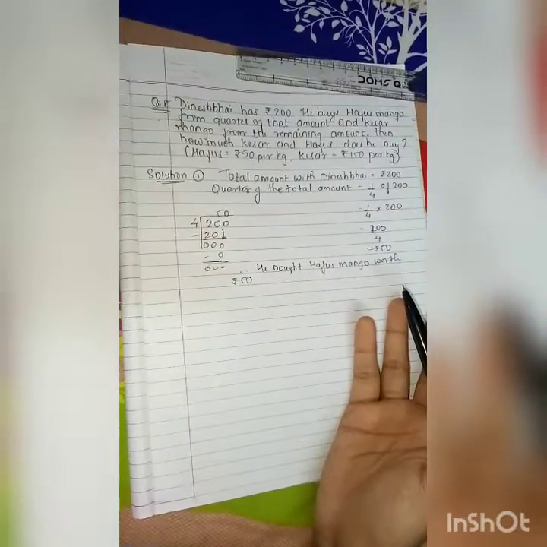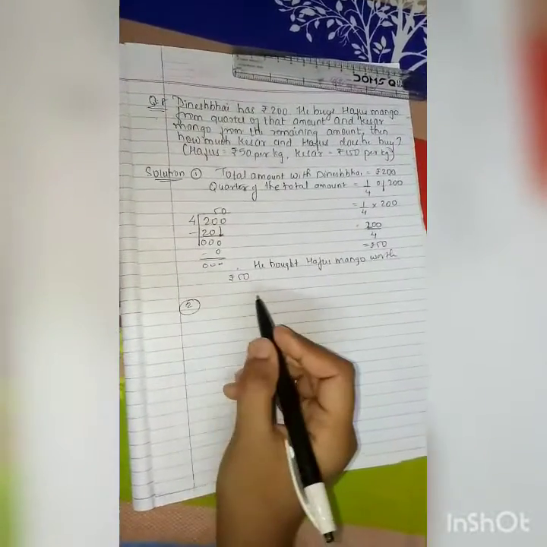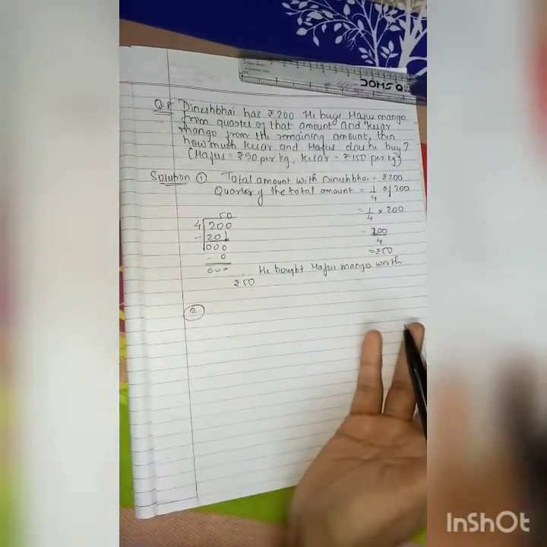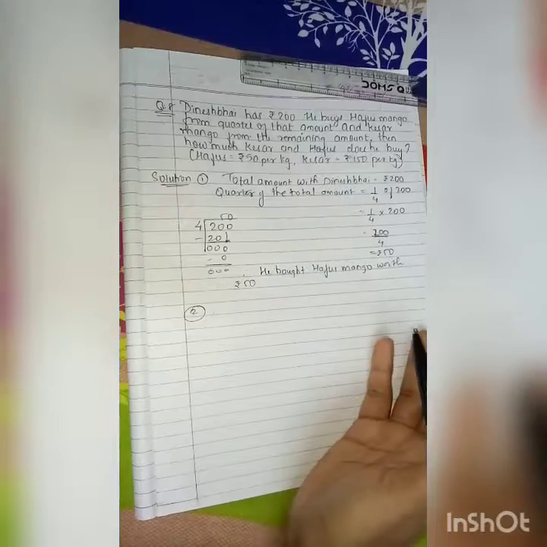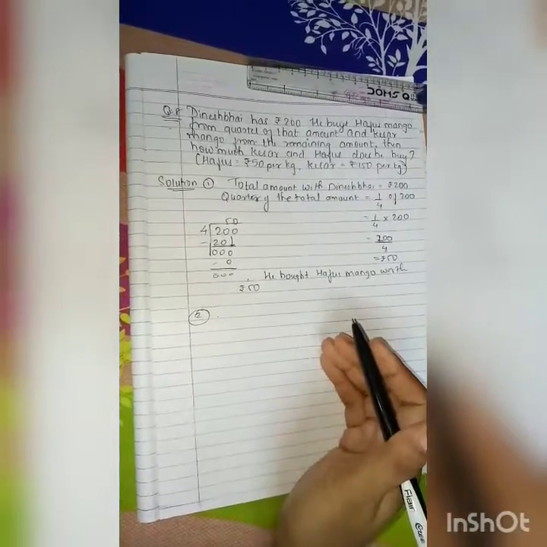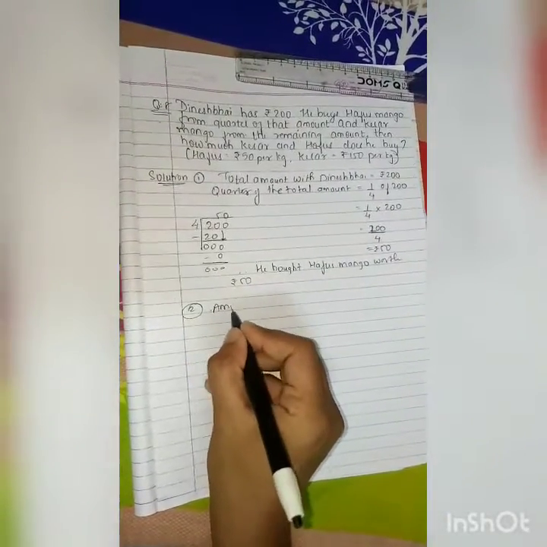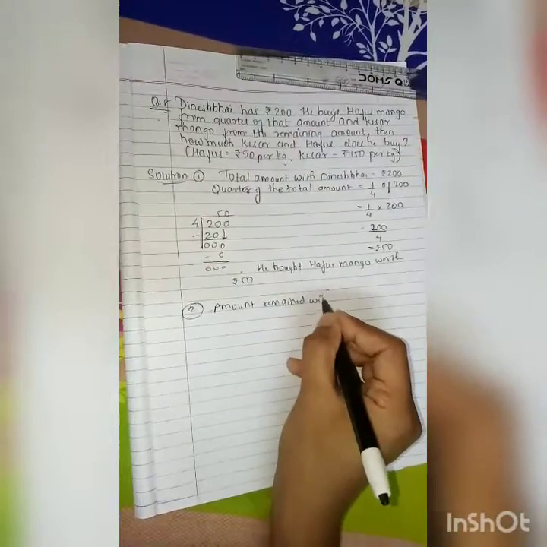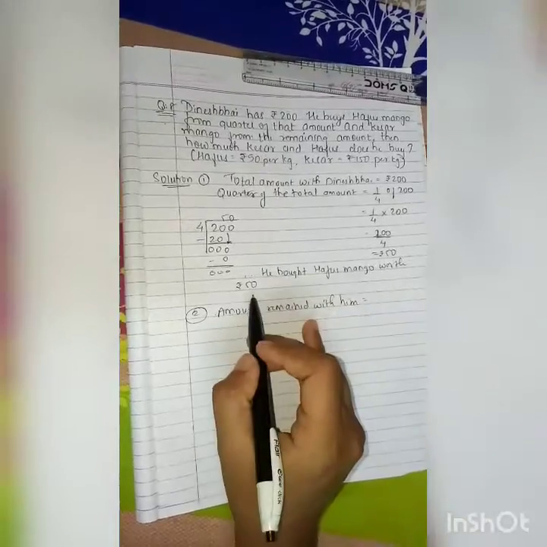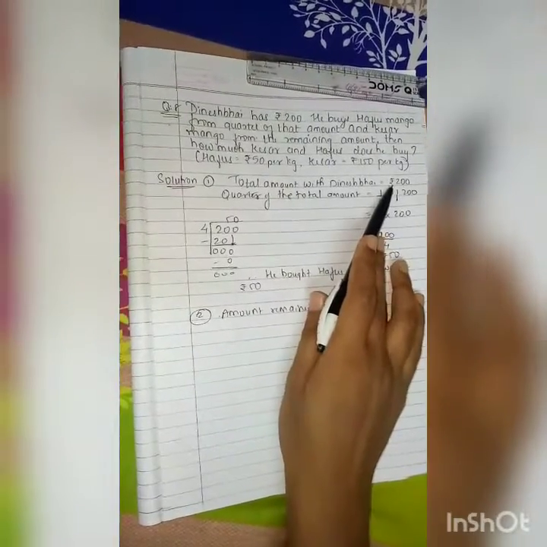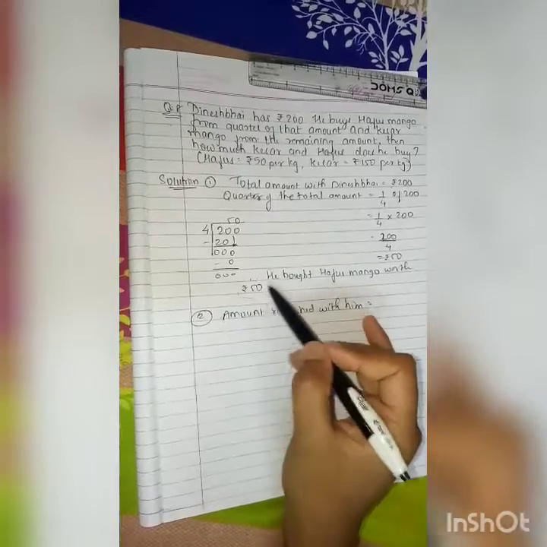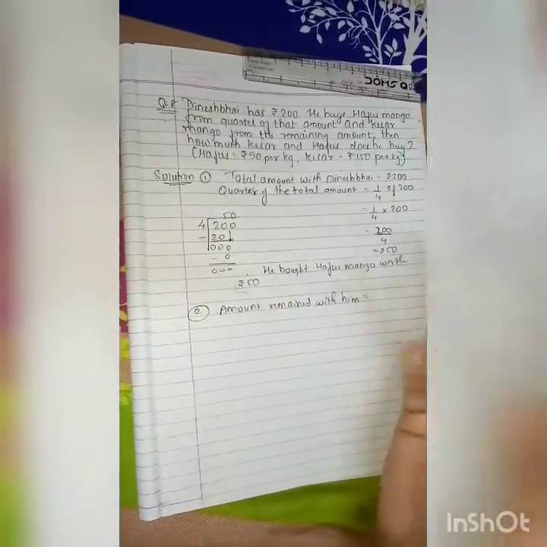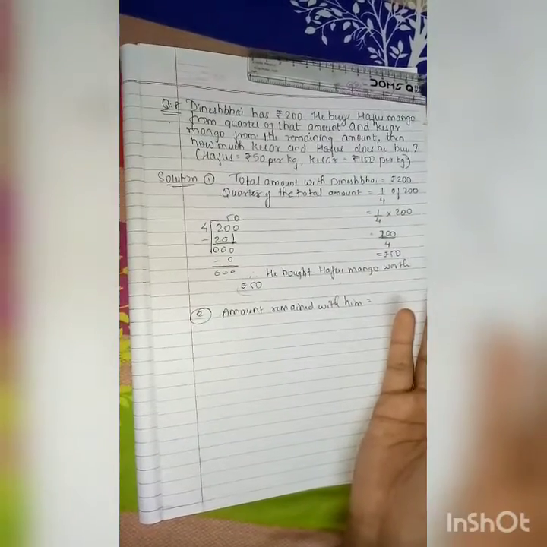Now what is amount left with him? Okay, what is amount left with him? Now how are we going to get that? We have to find here difference. Okay, so amount remained with him. Now here you can see he was having rupees 200, but then he spent 50 rupees on Hafuz mango. So how much will be left with him? So left or remained is there, so we will subtract.